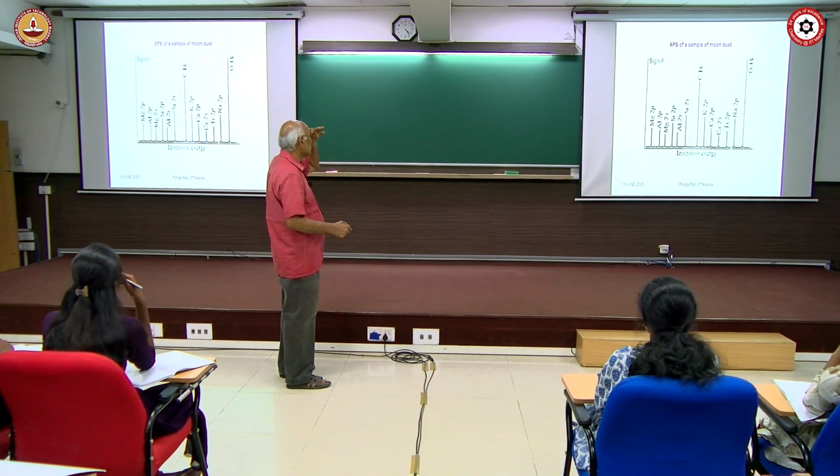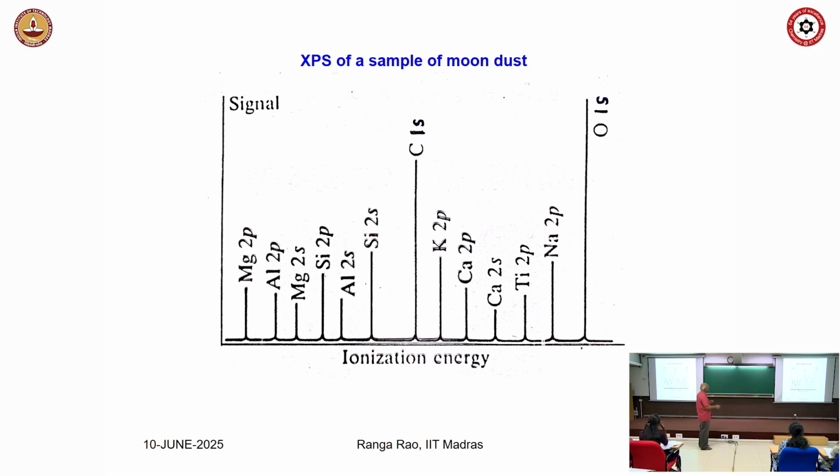And this one is XPS of a sample of moon dust. Somebody has gone to the moon and brought the dust and recorded XPS. So, what is it telling you? Moon dust, XPS spectrum. Moon has the same elements that we have. It has magnesium, aluminum, potassium, calcium, titanium, nitrogen, oxygen, carbon.